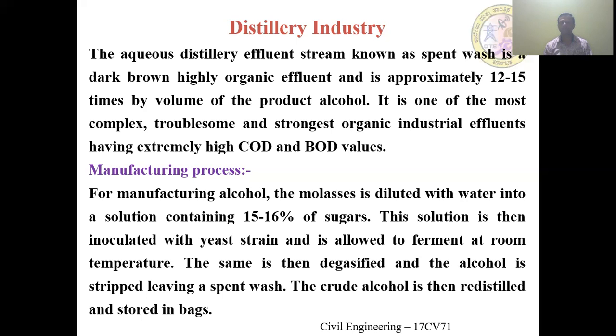The same is then degasified and the alcohol is stripped, leaving a spent wash. The crude alcohol is then redistilled and stored in bags. So here we ferment by adding yeast at room temperature, and we redistill to get alcohol.